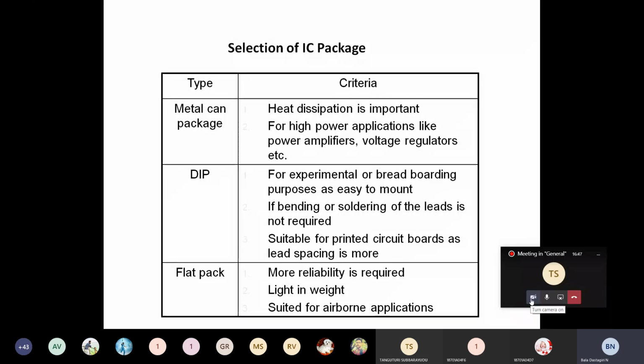For the ICs used for experimentation, or on the breadboard or printed circuit board, the dual inline package type is used, and for airborne applications, the flat pack is used.